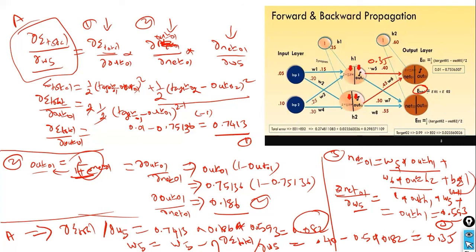Now we need to compute the error. The error depends on this one and this one, on the value emitted by this one, and this one depends on this one and this one. In order to find the error with respect to W5, you need to go from here to here. This is how you can find it out.